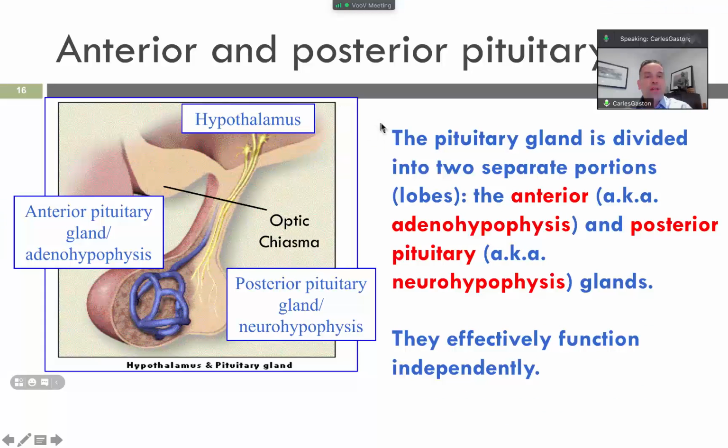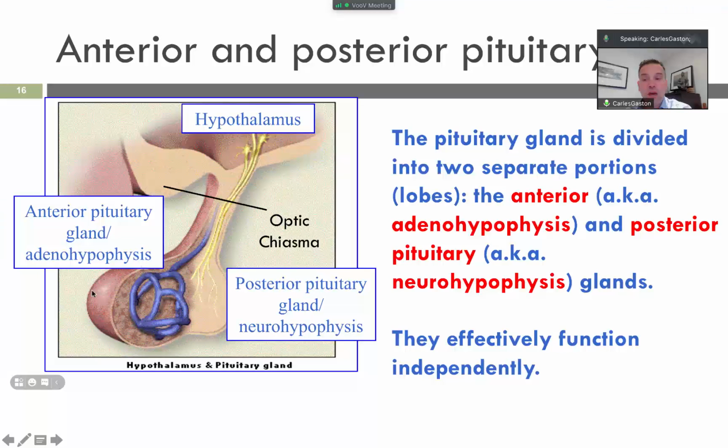The anterior and the posterior pituitary that you can see here are also called adenohypophysis and neurohypophysis. The anterior pituitary gland contains hormones and does not contain axons, and it is the true endocrine secretory gland.